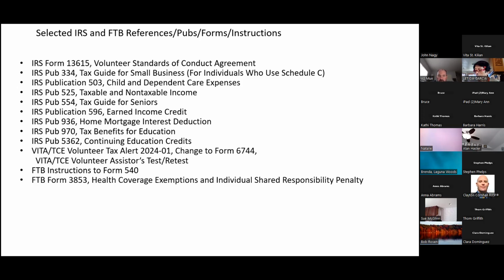I do know that we have one volunteer that's certified early. Again, that's great. But you do want to make sure you keep on it, because by the middle of January, you want to make sure you're certified at whatever level you want to be at. And then you want to get that 13615 for tax year 2023 to Sean, so he knows the level of certification.